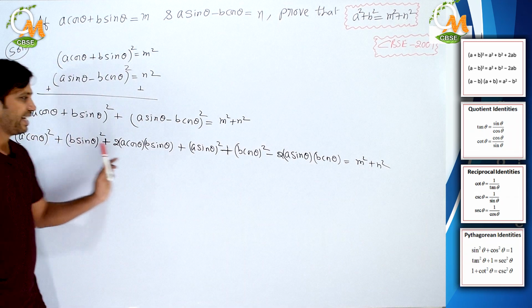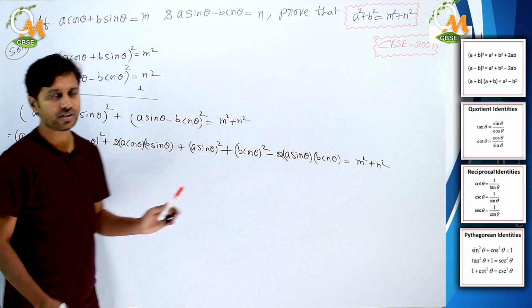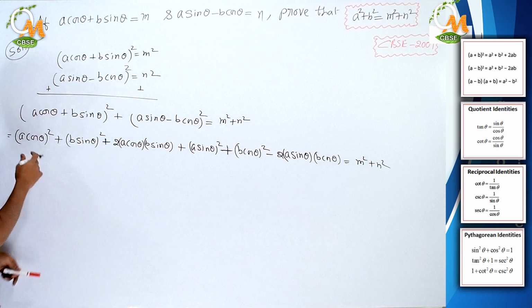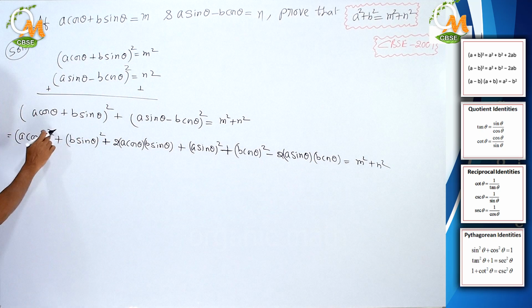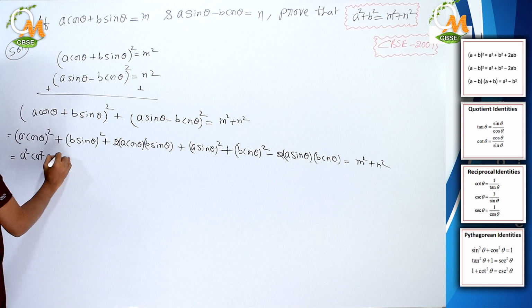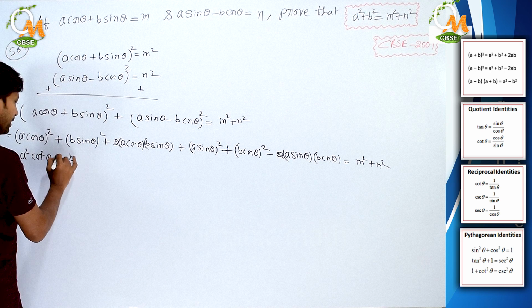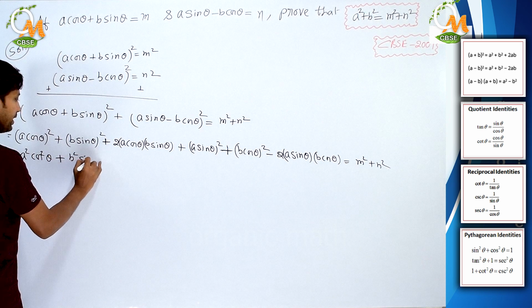It's looking a bit lengthy, but it's very easy because so many terms will be simplified. Now put the square to each one, a and cos theta. That would be a square cos square theta plus b square sin square theta.